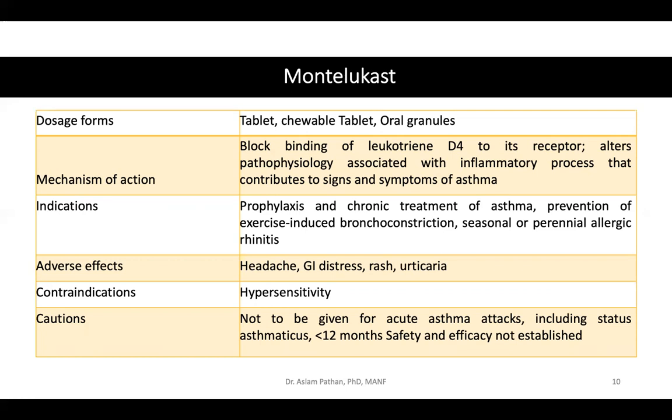Mechanism of action: montelukast blocks binding of leukotriene D4 to its receptor, and alters the pathophysiology associated with the inflammatory process that contributes to signs and symptoms of asthma.